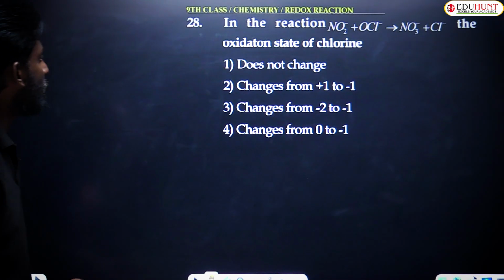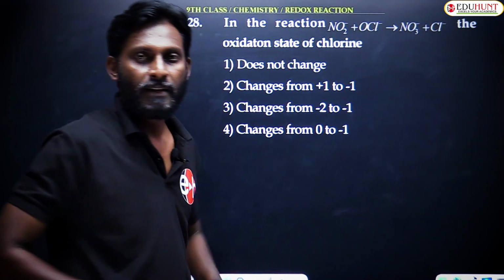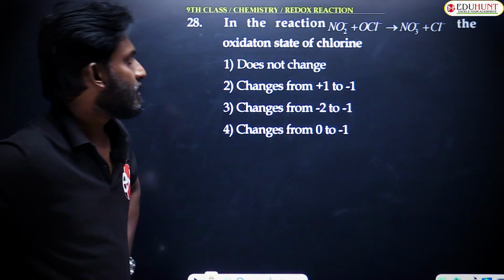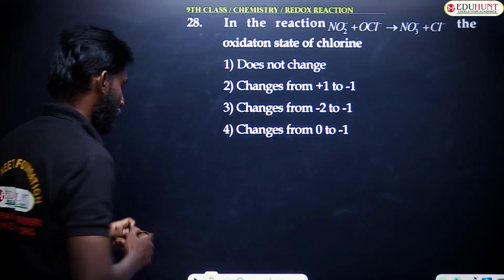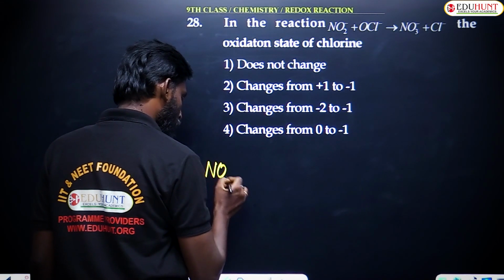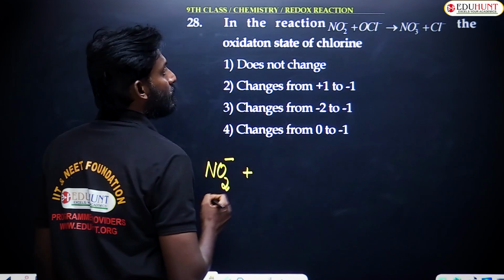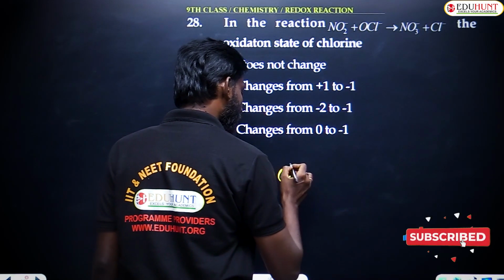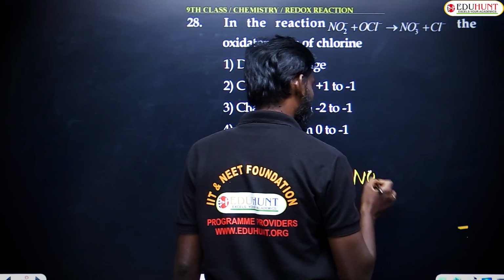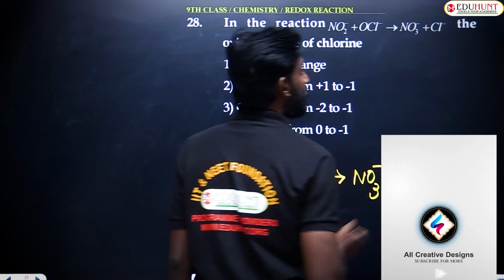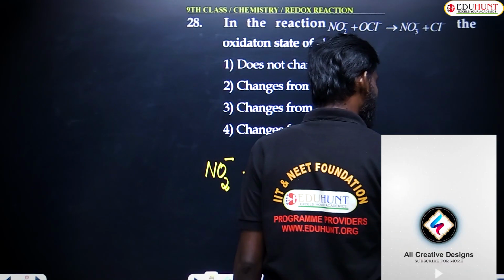So moving towards the next question, question number 28. In the reaction NO2 negative plus OCl negative gives rise to NO3 negative plus Cl negative.